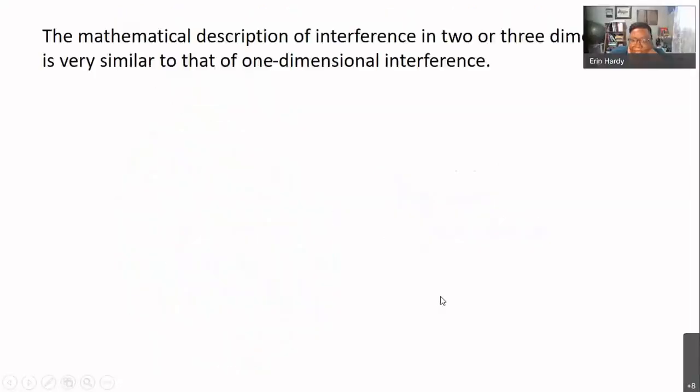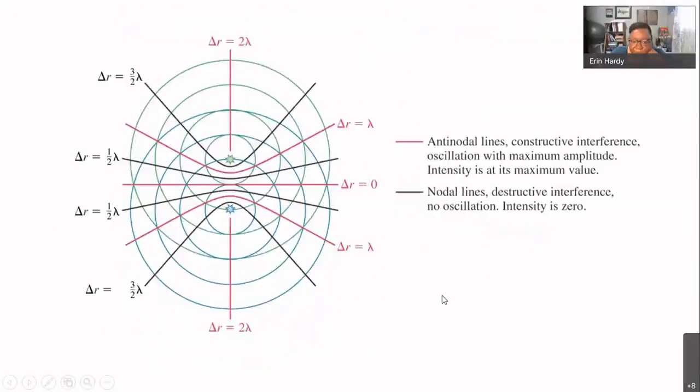So this is what I am leading us toward. We saw a handful of individual places where the amplitude, the displacement of one of the waves was either maximum or zero in each case.